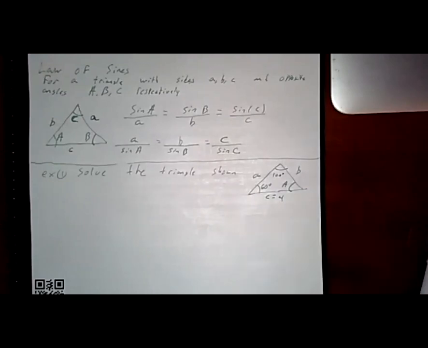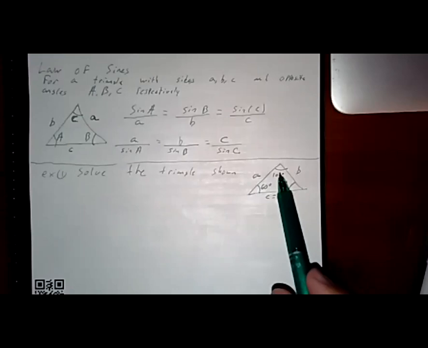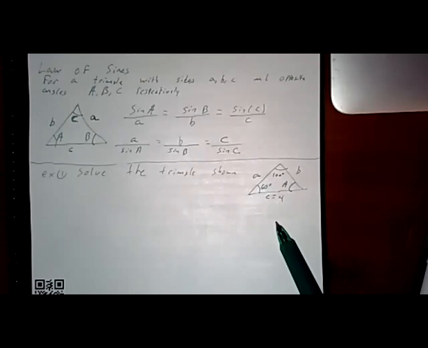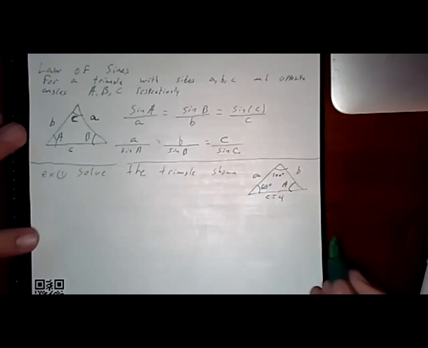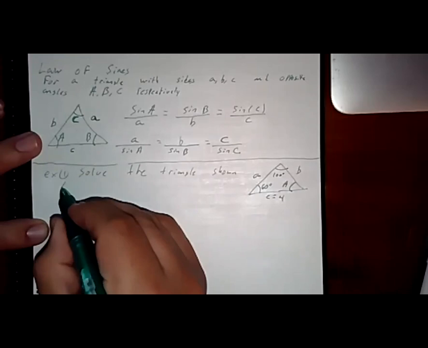All right, so as long as we have an angle and an opposite side, see how we have 100 and 4, then we're able to use law of sines. So I'm going to write down all the pieces over here just to stay organized.